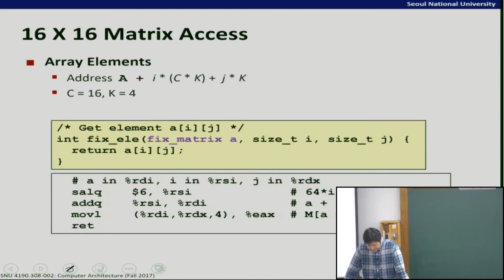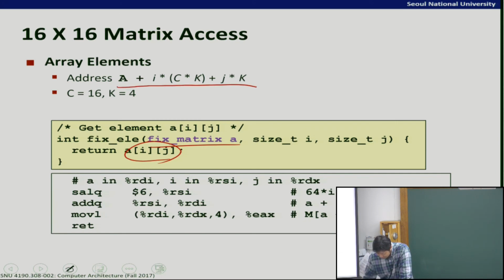So here's a 16 by 16 matrix access example. This is example number 1. I've shown you 3 different cases. In case 1, let's say column size is 16, and each element takes 4 bytes. If you want to access I and j and the matrix size is already fixed at compile time, then the address is calculated this way: a plus I times c times k plus j times k.